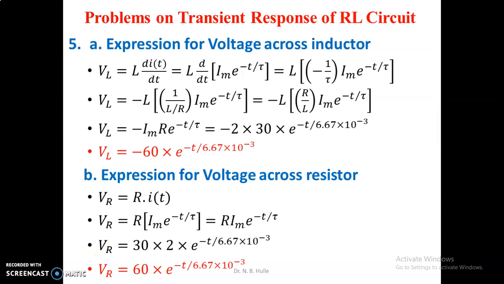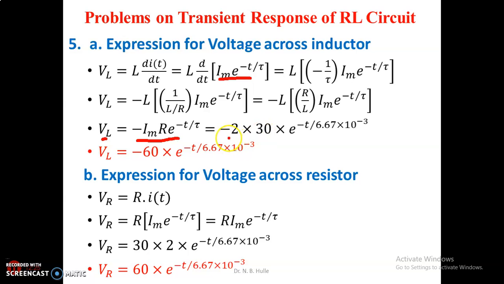Now finally, we are interested in the calculation of the voltage across the inductor. Instead of using a standard formula, I prefer to use the expression VL is equal to L into di by dt. We are already aware of i of t, and if we simplify this expression, the voltage developed across the inductor is minus Im into R into e raised to the power of minus t by tau.